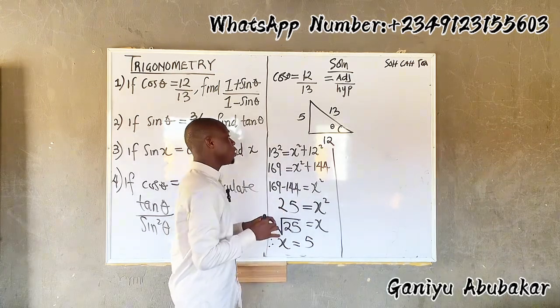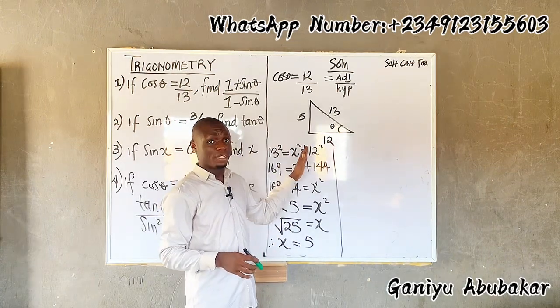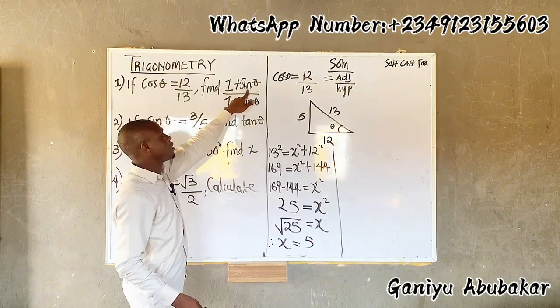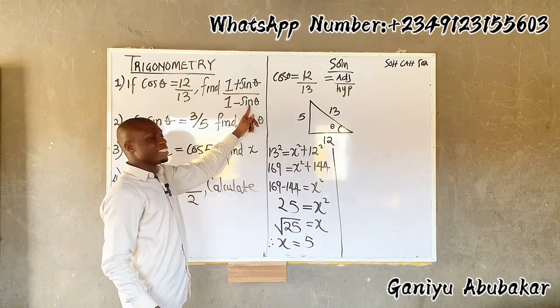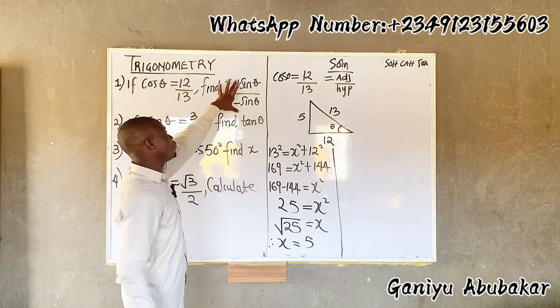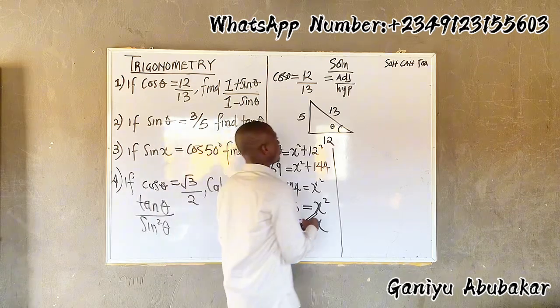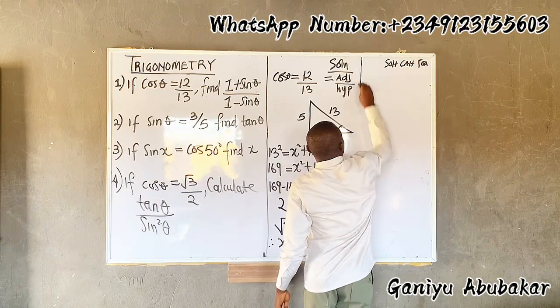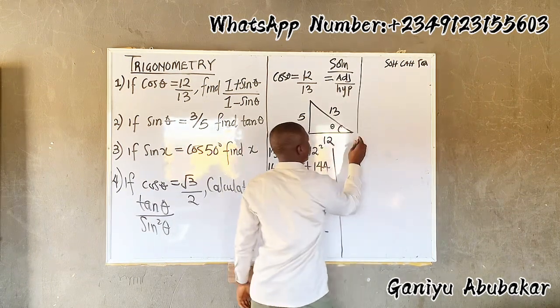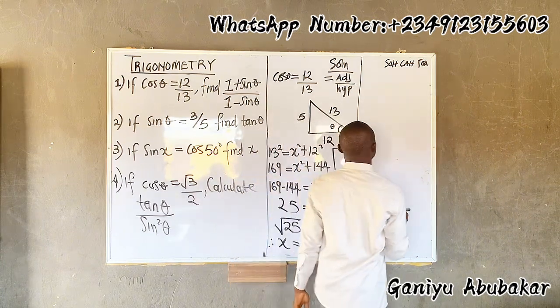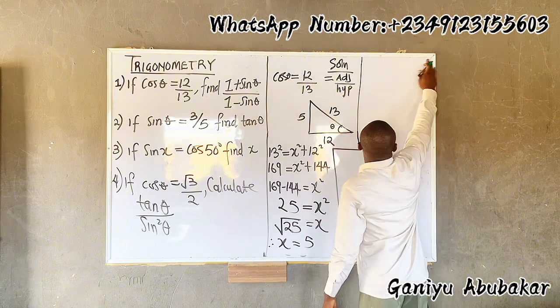So I've gotten my right angle triangle's sides complete. Now it says find 1 plus sin theta over 1 minus sin theta. So first, I have to get the value for sin theta. For sin theta, what do I know?